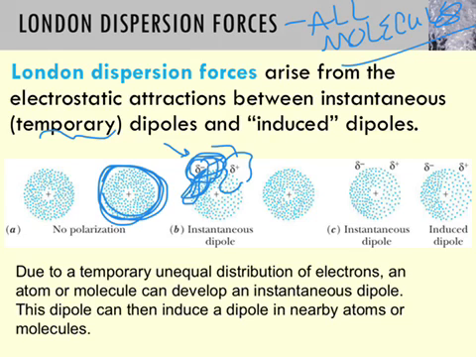That is set up for electrostatic attractions and repulsions. Because this atom with its temporary dipole now induces a temporary dipole in the atoms around it. It's kind of like a chain reaction. But anyway, very short-lived, very weak, but it does in fact serve as an attractive intermolecular force.